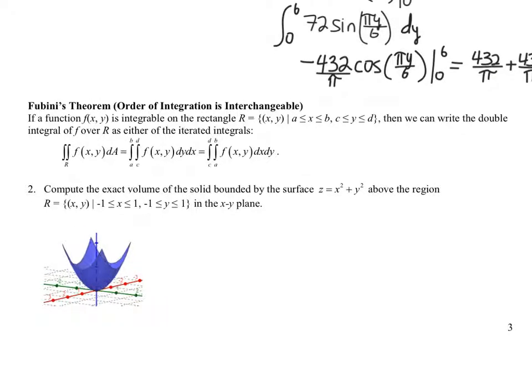In the case of this one here, we're saying you want to be bounded by the surface above the region in the XY plane. So you're not integrating through something that's parallel to a particular plane. It's just defining what region you're trying to find the volume of.